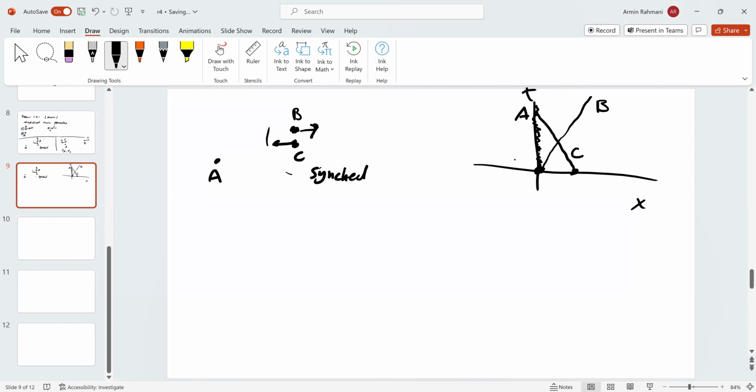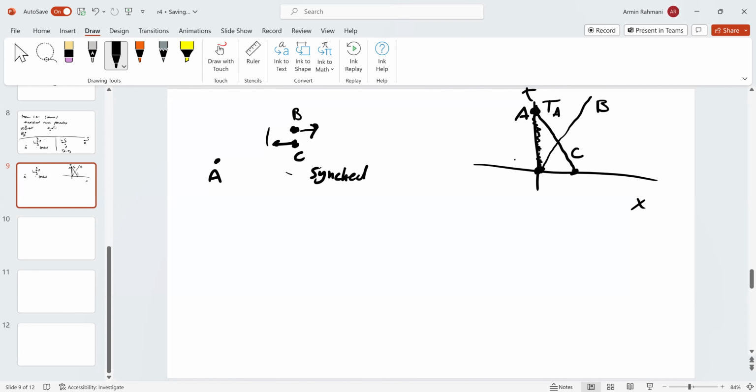Okay. So let's see. In A's frame, that's going to be TA, right? That's the time observer A will read on its clock. All right, so how can we calculate these times or make sense of them?